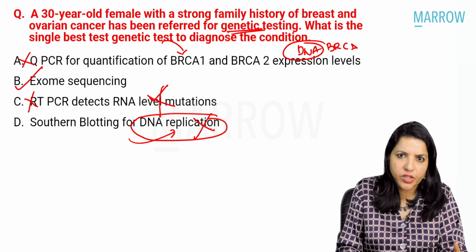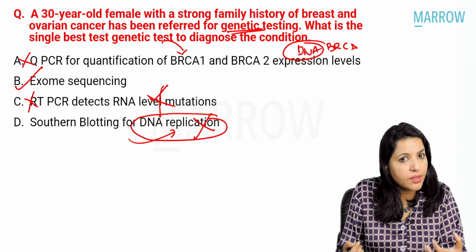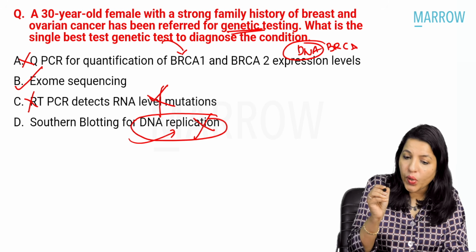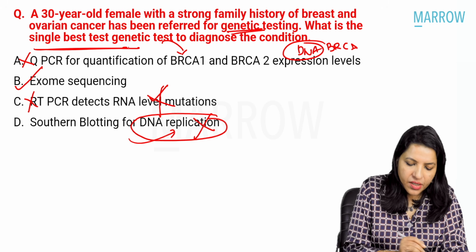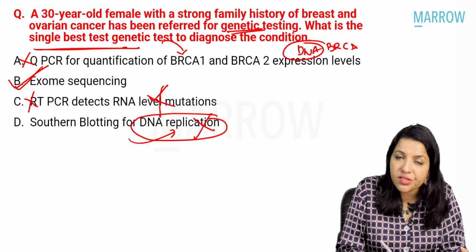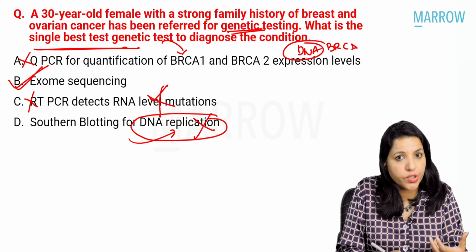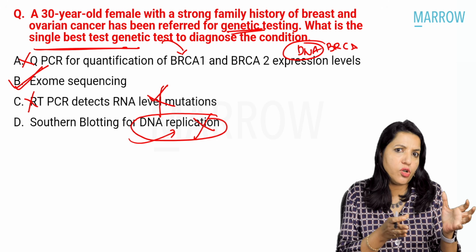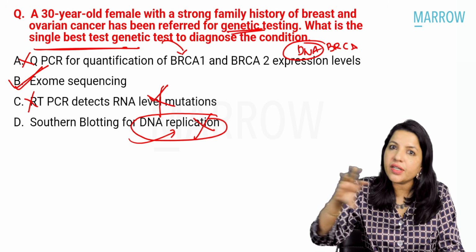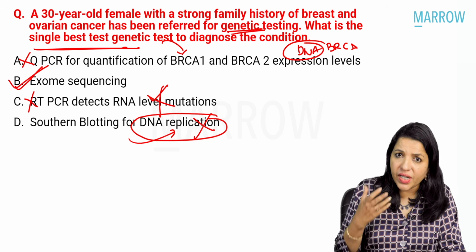Now what about Southern blotting? Can we use it? Yes, Southern blotting can be used. But the question here is the single best genetic test. That should be next generation sequencing, which includes whole genome sequencing or whole exome sequencing. What is the difference between genome and exome? Genome means the entire genome is sequenced. It is very costly.